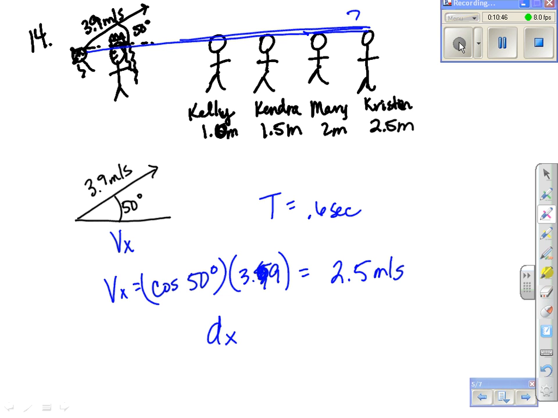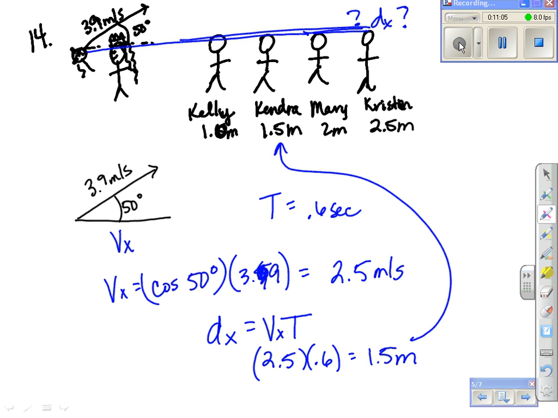We don't know how far this went, and that's what we want to find. But we can say Vx times t, and that would be 2.5 times 0.6, and we would find out that it's like 1.5 meters. If that's the case, who's at 1.5 meters? Well, Kendra is, so she's going to catch the bouquet.